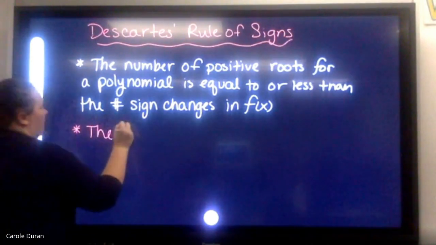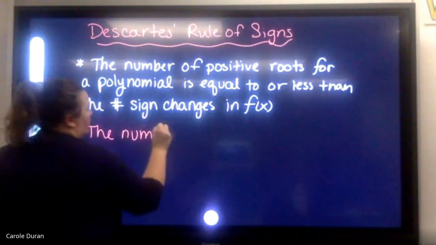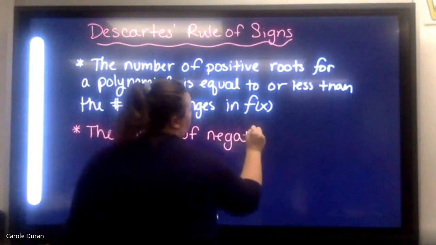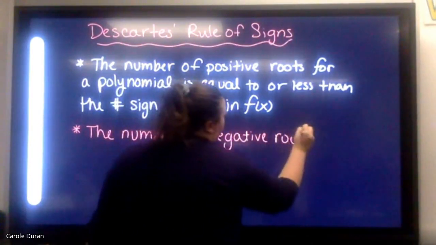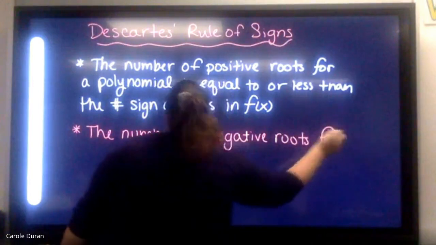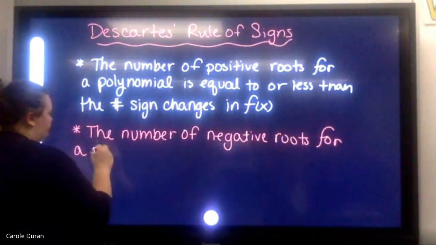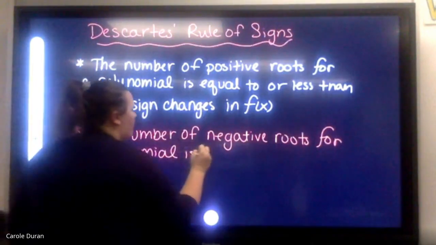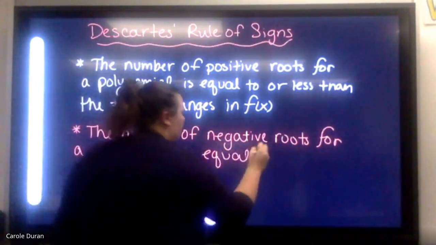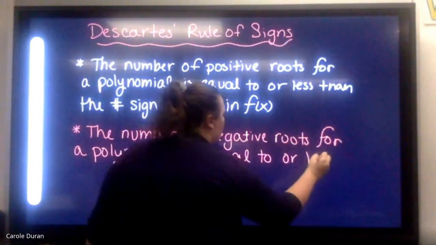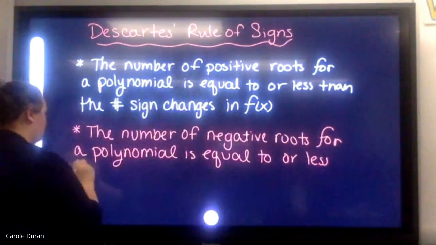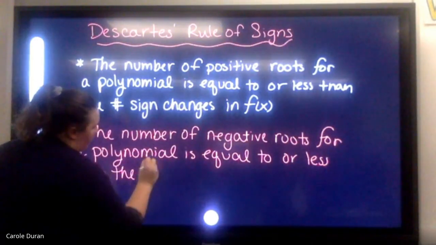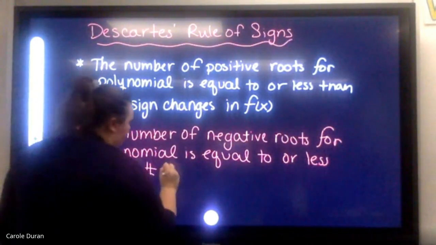The number of negative roots for a polynomial is equal to or less than the number of sign changes when we plug in negative x.